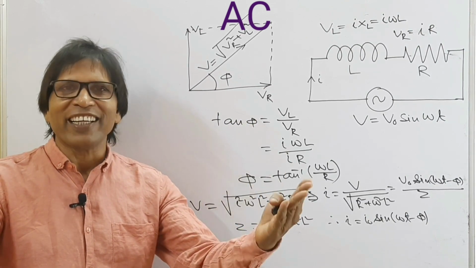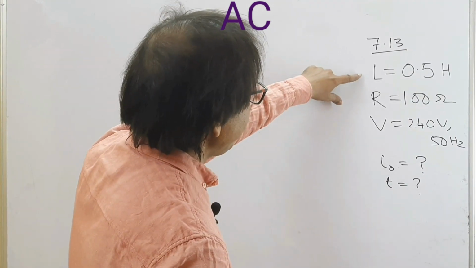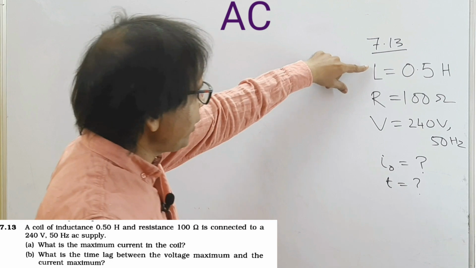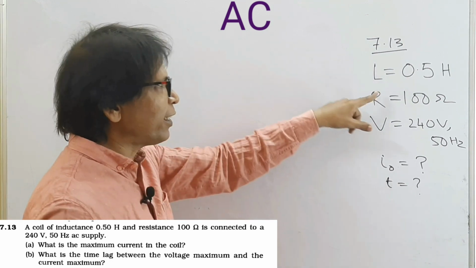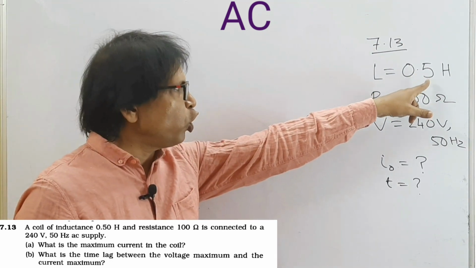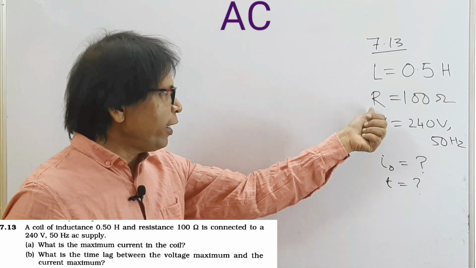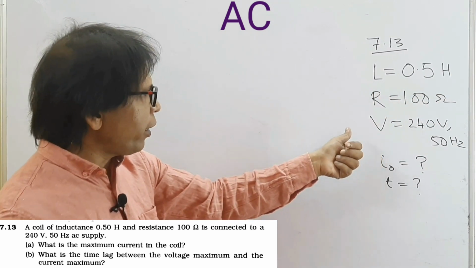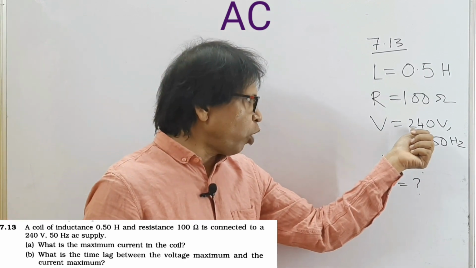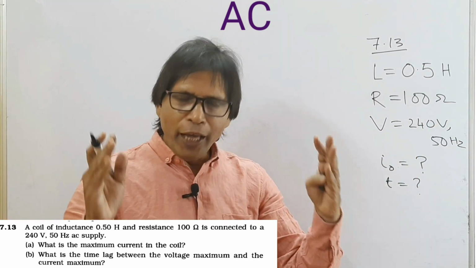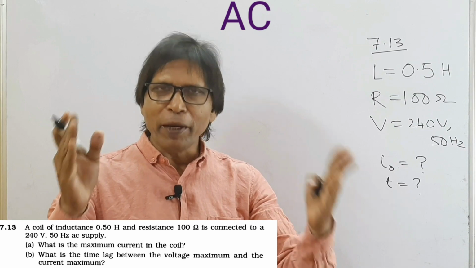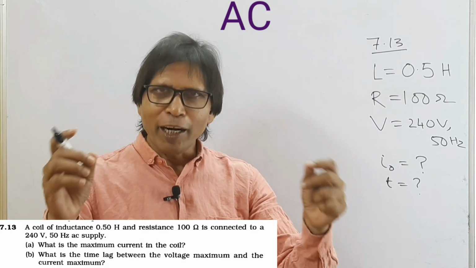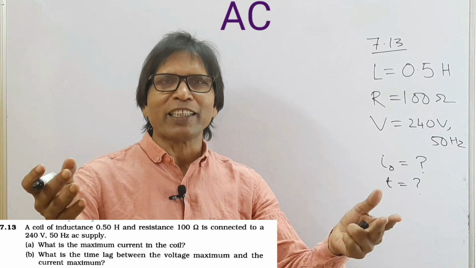Now a numerical. Look at this, this is a series LR circuit. L equals 0.5 Henry, resistance R equals 100 ohm, and the AC voltage is 240 volt, 50 Hertz. We have to calculate the peak value of current and the time interval between current maximum and voltage maximum.